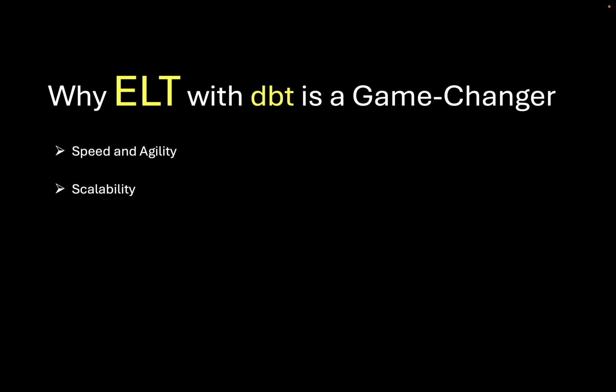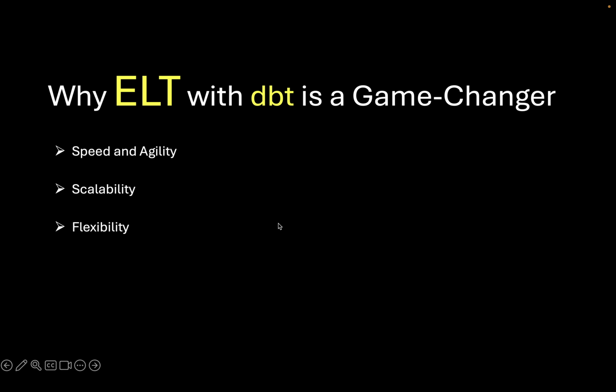Instead of worrying about how to transform that data, you just make sure you have a process that brings the data into your data warehouse, and then dbt takes over and does the rest of the transformation. So you don't have to worry about building massive ETL servers where you write the code and transform the data. dbt makes that process much easier.